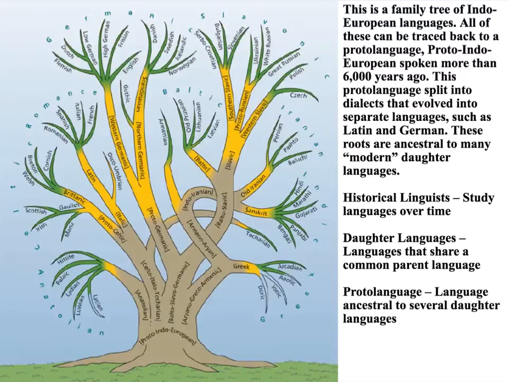Our proto-language is Proto-Indo-European that was spoken more than 6,000 years ago. However, this language split into different dialects that then evolved into separate languages, such as Latin and German. Latin and German, as you may or may not know, are the roots to many modern daughter languages.